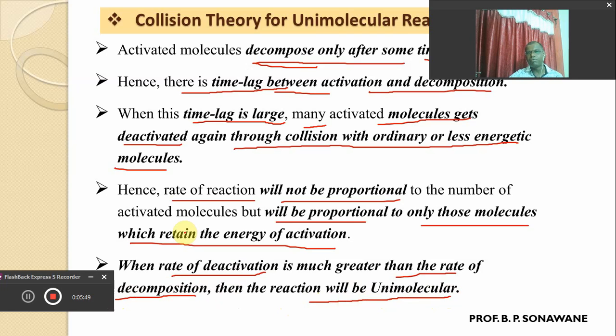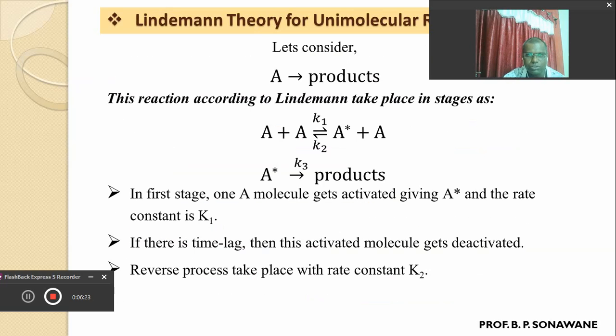If the time lag between activation and decomposition is large, many molecules get deactivated through collision with other molecules, and the rate of reaction will not be proportional to the number of activated molecules, but only to those molecules which can retain the energy of activation. In such a case, the rate of deactivation is much greater than the rate of decomposition, and then the reaction will be called a unimolecular reaction.